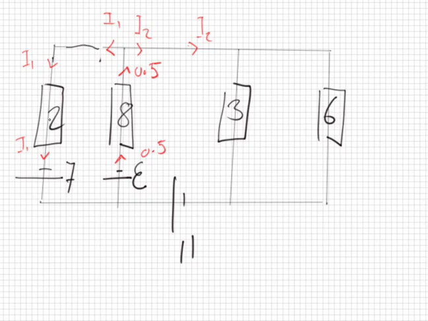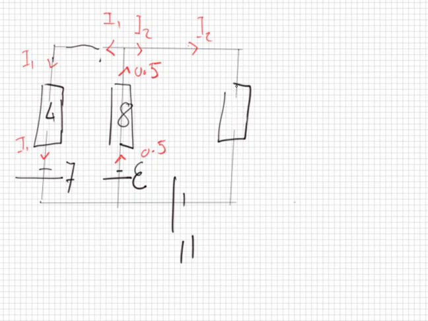A 2 and a 2, they go together and the total will be 4 there. So that one up there is gone. And then what about these two? I can put them together as well. 1 over R equals 1 over 3 plus 1 over 6. 2. Oh yeah. So I'm going to remove this one now. And then this one here now is a 2.